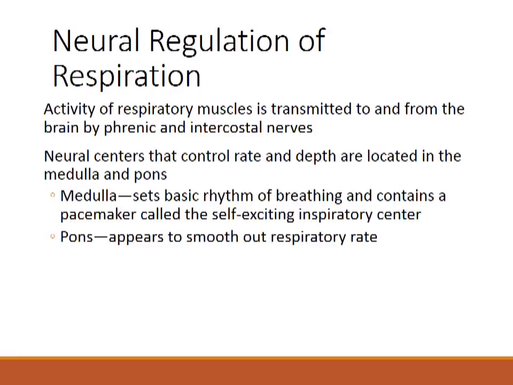So the medulla sort of regulates how we take air in. The pons plays a part in smoothing out respiratory rates and making sure we're not breathing too fast or too slow, or if we need to breathe faster or slower, the pons helps with that as well.